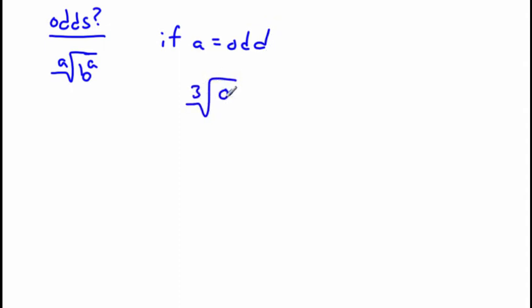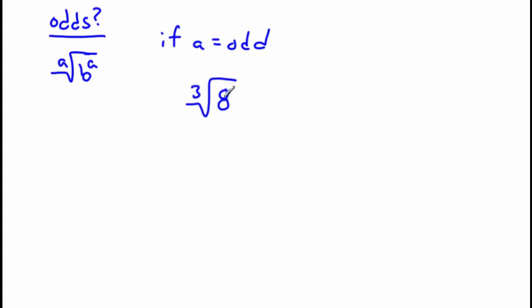Now, previously we talked only about having even indices, and right now it'd be wise for us to return to the question of what happens when they are odd. Fortunately, we get off a little easier because the odds don't care so much about negatives. So if a is odd, let's give an example of that, something like the cube root of 8.